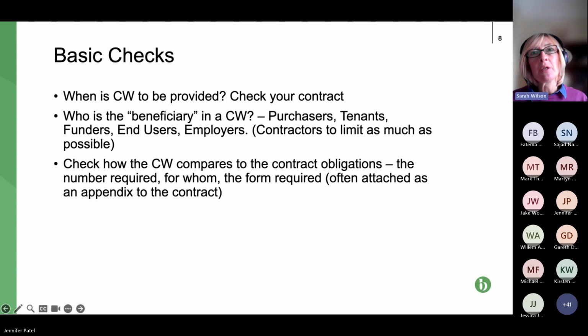But the general rule about contracts, which is what a collateral warranty is, is that once you've agreed it, it's not a defense to say, well, it doesn't make sense or it's not very fair.